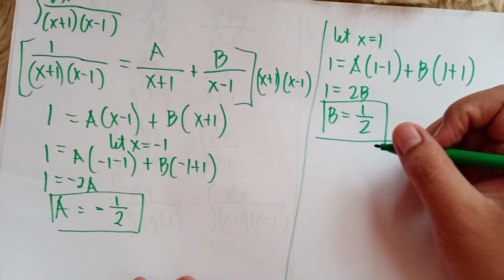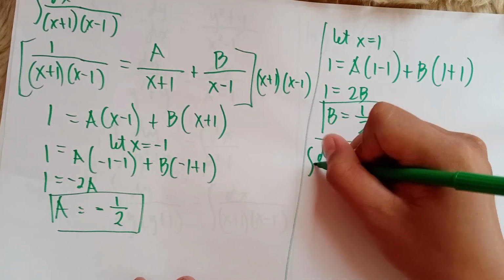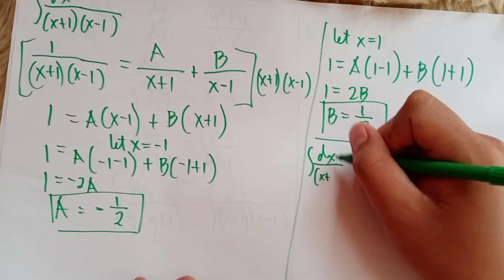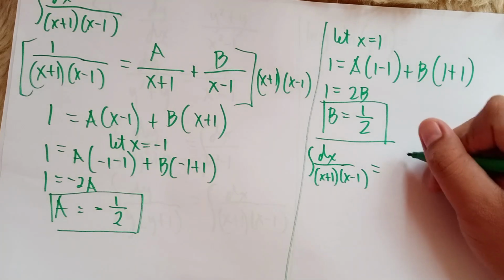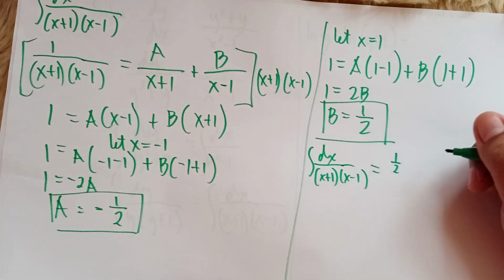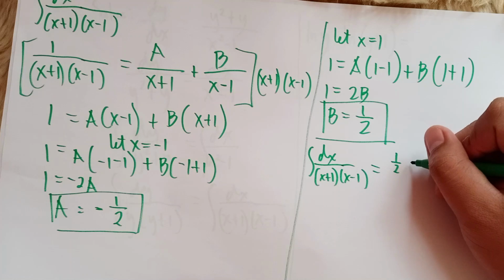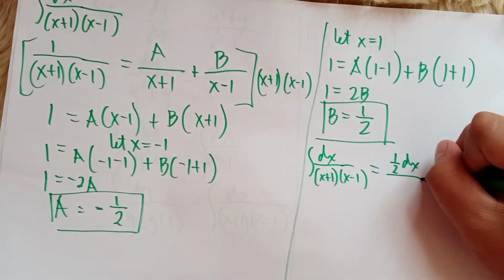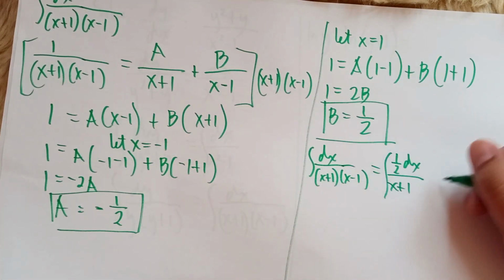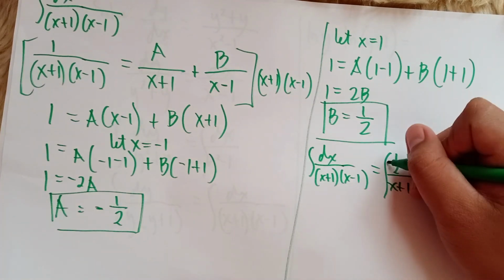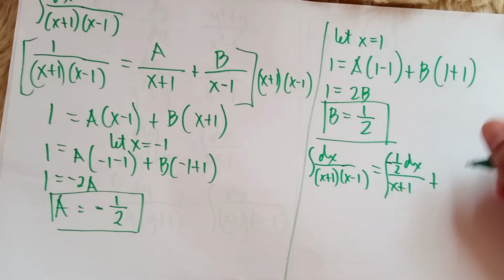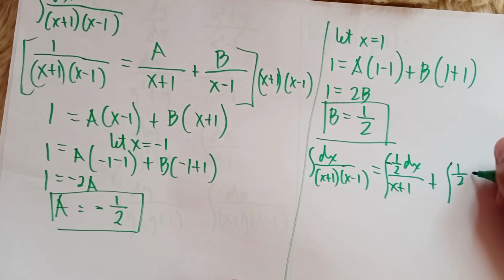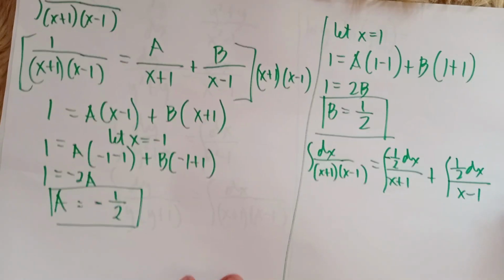So, by integration, we now have the integral of dx divided by x plus 1 times x minus 1 is equal to, okay, so you have here negative 1 half, a is dx divided by x plus 1, then plus b, that is 1 half, integral of dx divided by x minus 1.